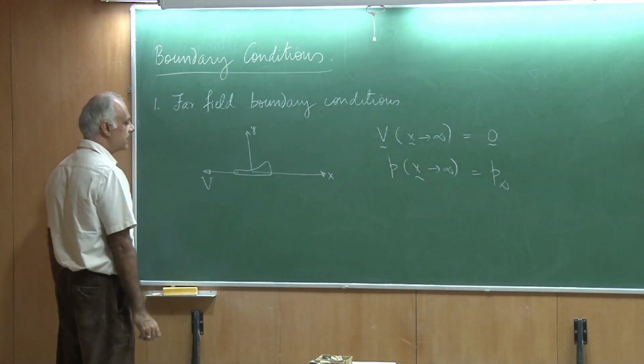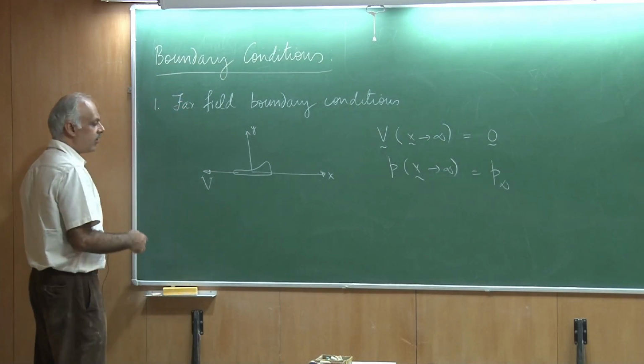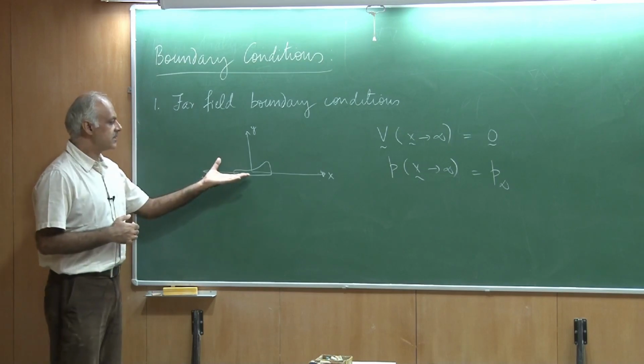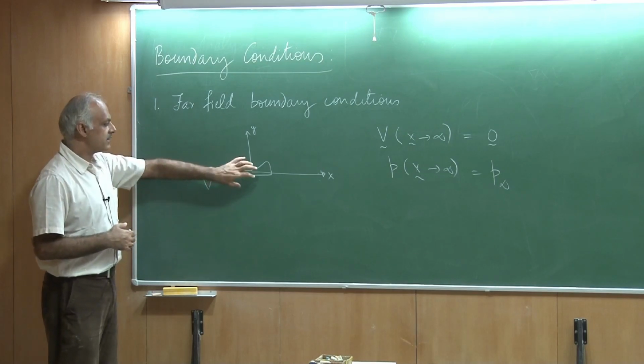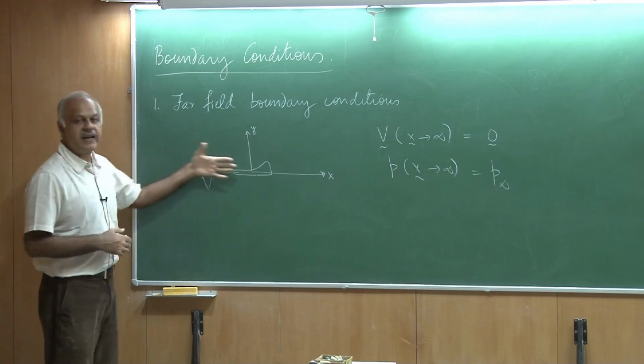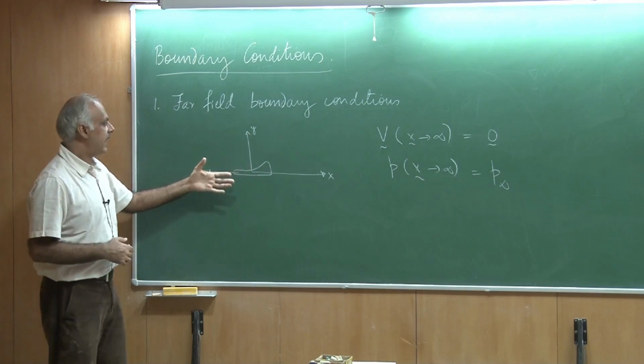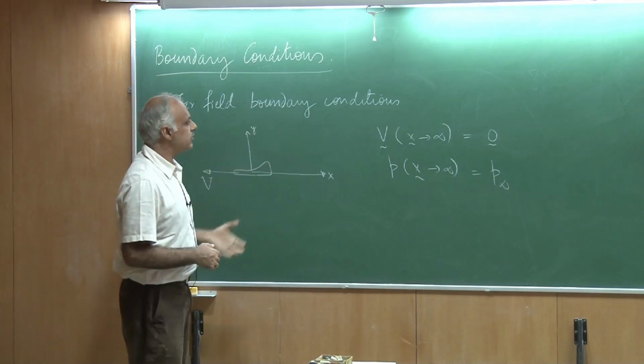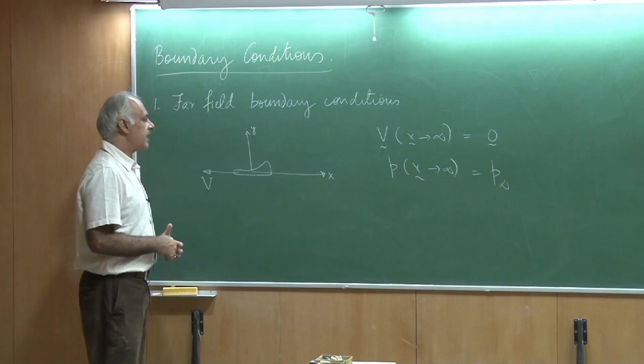Alternately, what I can do is I can think of a system where the observer is sitting on the aircraft and the aircraft is stationary and there is flow coming at the aircraft, and then these boundary conditions would translate to that.